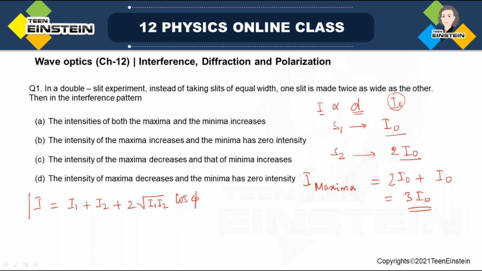So this is the general expression for the intensity of the interference pattern. So if phi is 2 pi, then it will be constructive interference, right?